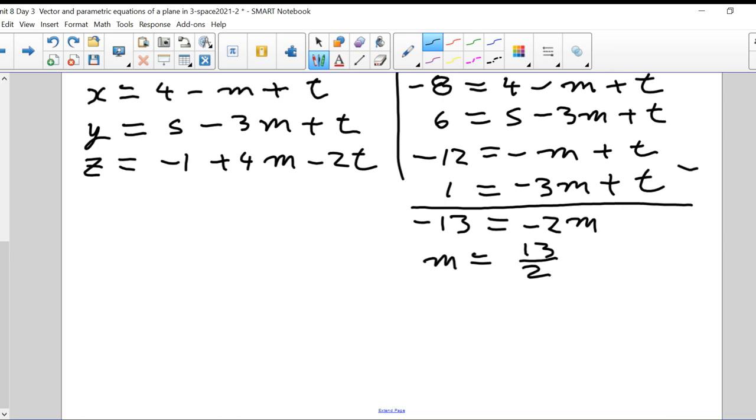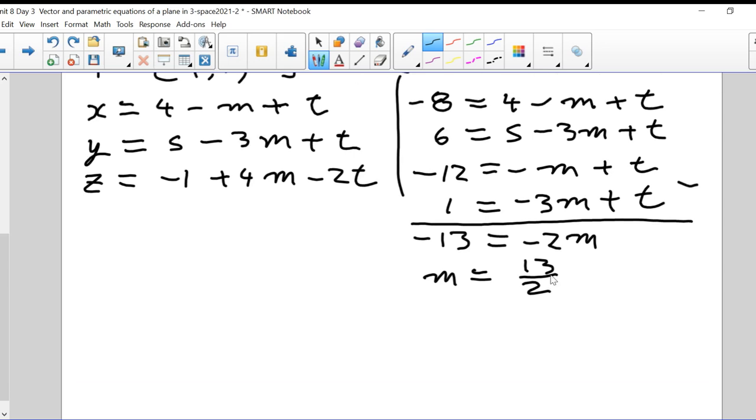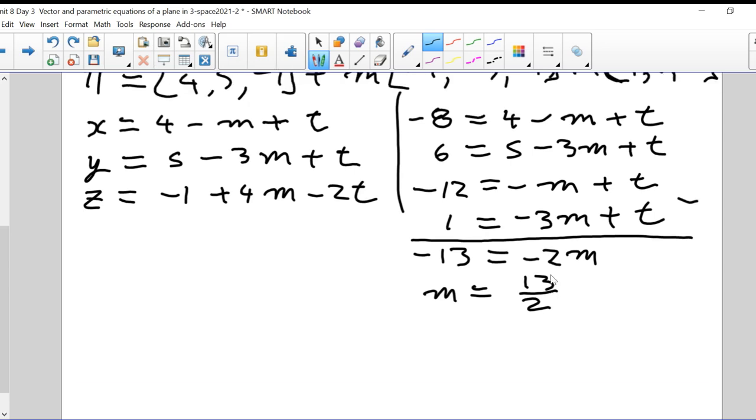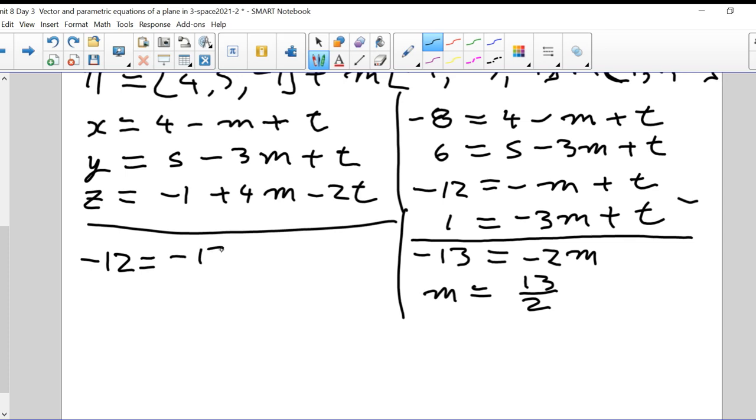So now we have to find what our t is. Using this equation here, I'll come over here. I know I keep jumping back and forth all over the page. So minus 12 is equal to minus m, which is minus 13 over 2 plus t.